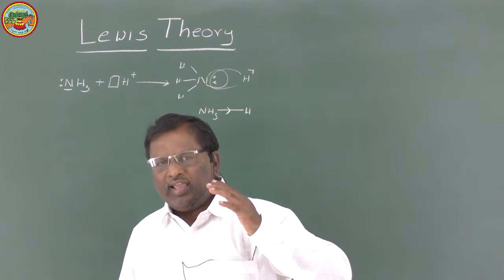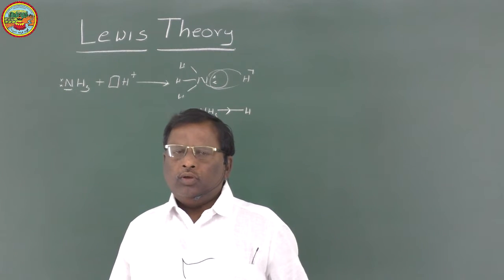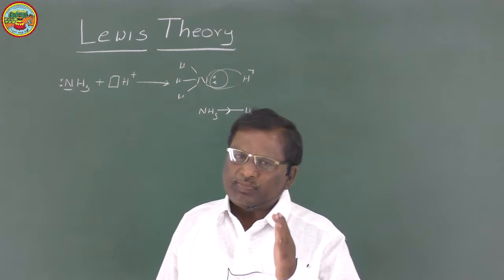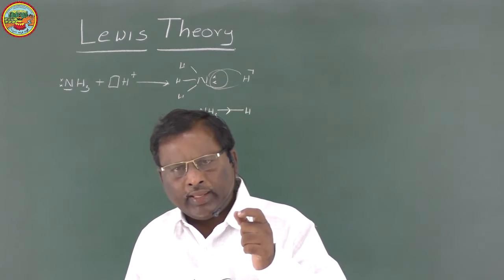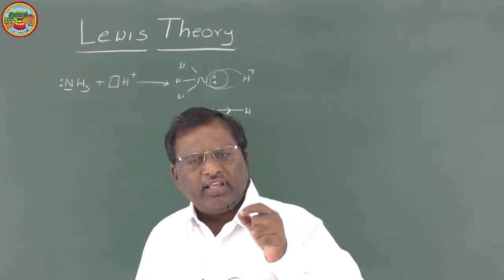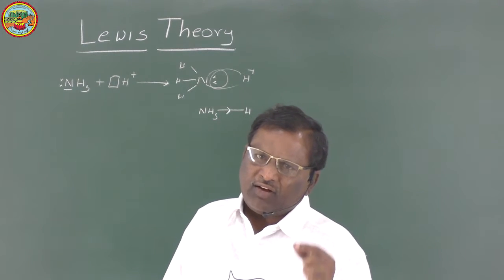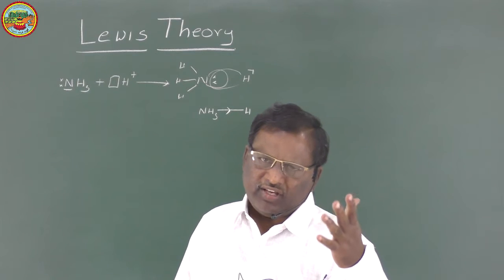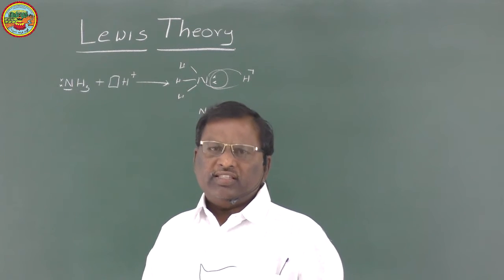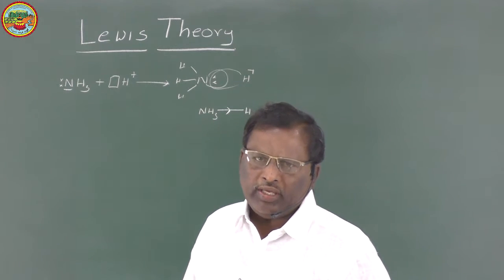A pair of electrons can be accepted by a species only if it has an empty orbital. The existence of an empty orbital can occur in many ways, so these acids can be classified in the following ways.